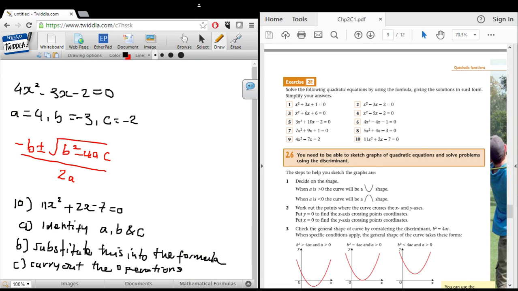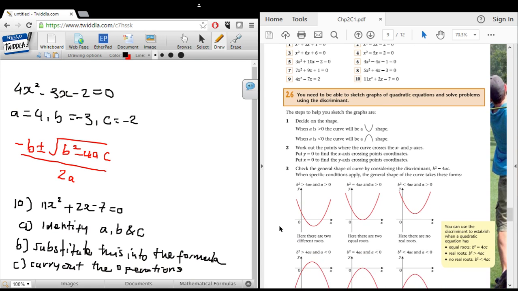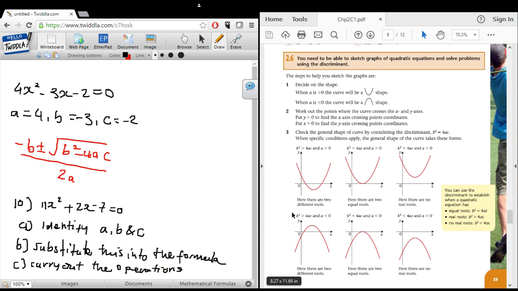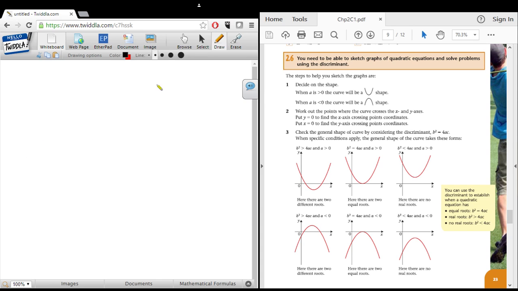Okay, so the next part is sketching the graph, and I want to make a very fine point here. The reason why sketching the graph is introduced this early on in A levels is because it will become the precursor to you recognizing graphs and their features when you go on to other more important aspects of graphs, whether that be calculating and other areas.